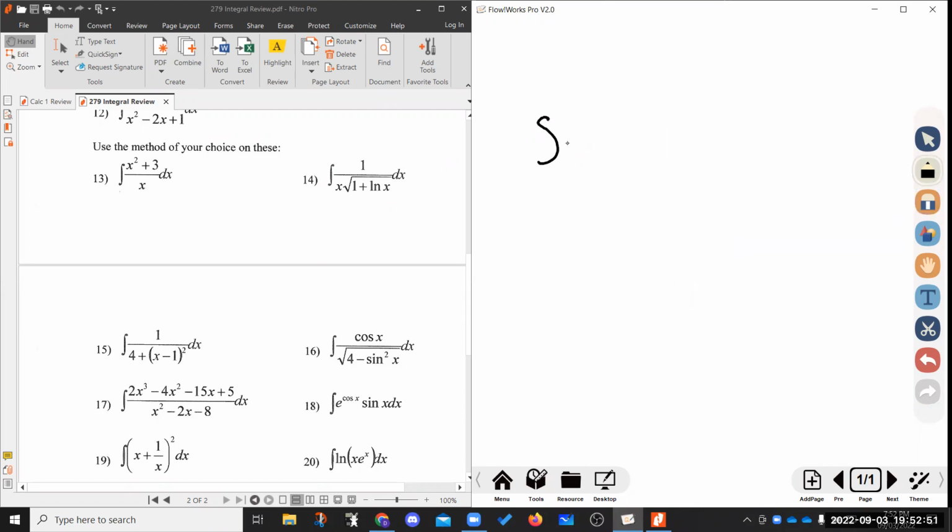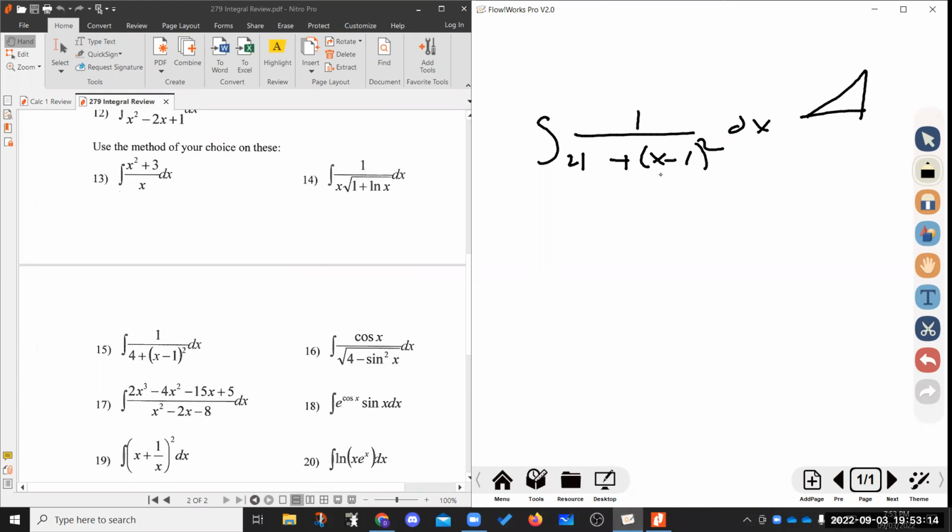Number 15, 1 over 4 plus x minus 1 quantity squared dx. All right, this is a trig sub problem. Not a trig sub problem. This is an arctan problem, but I'm going to show you that it is by using trig substitution.